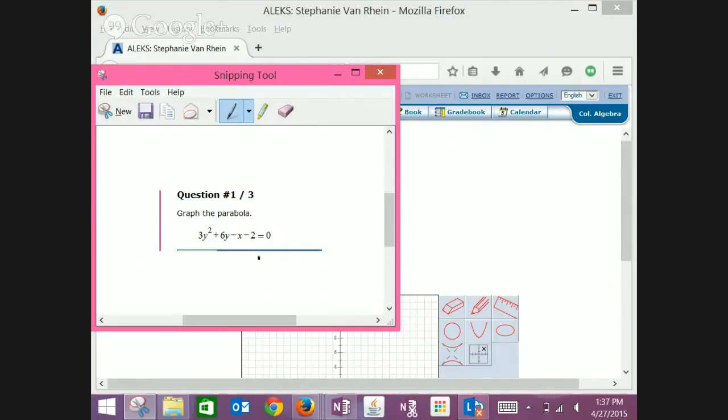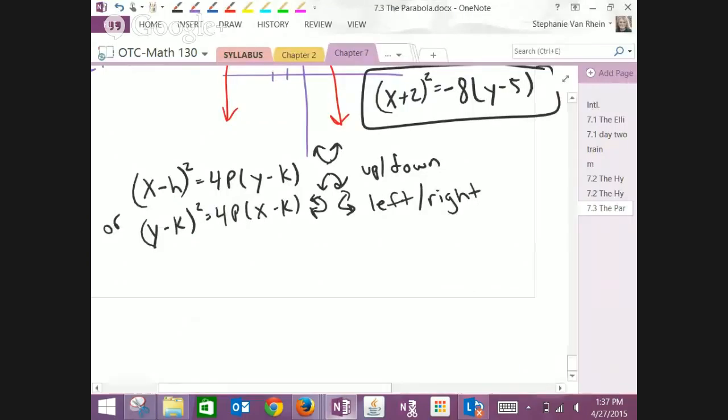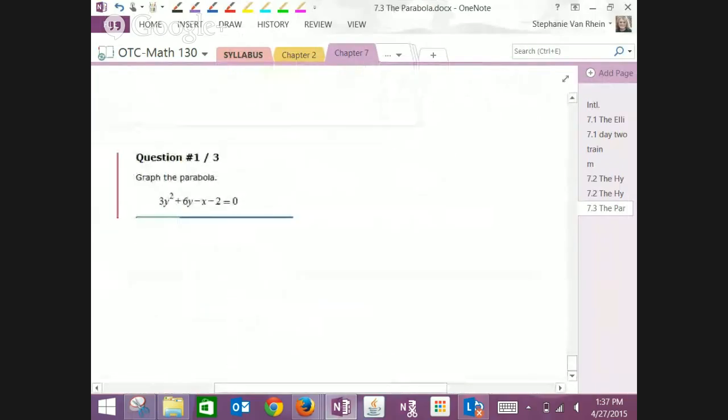So is it going to open left or right? Well, we don't know, right? We want to probably factor out some things and get it in standard form. So let's see what we end up with here. What is my first step I want to do? Isolate the y's on the left-hand side, everything else on the right-hand side.